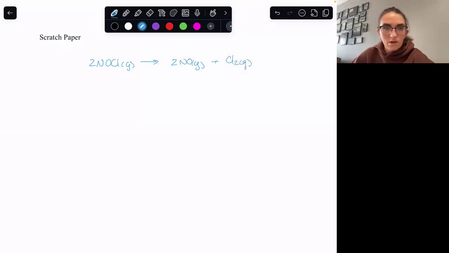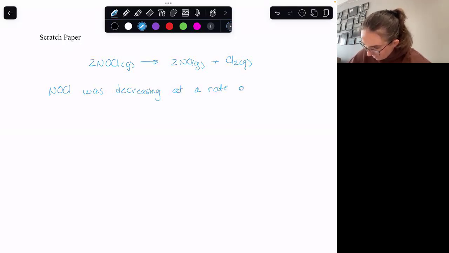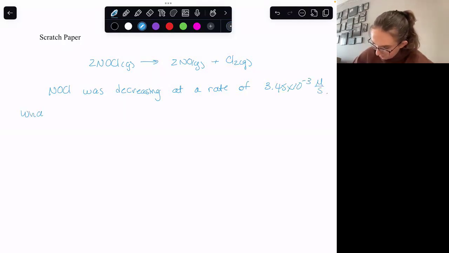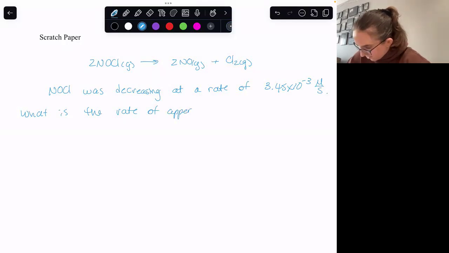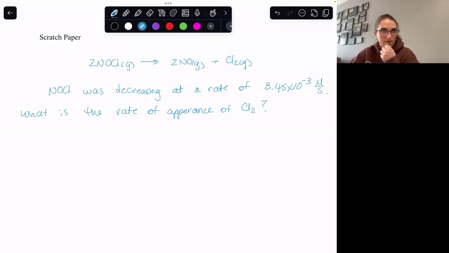So if we said that NOCl was decreasing at a rate of, I don't know, 3.45 times 10 to the negative 3 molarity per second, what is the rate of appearance of Cl2? Okay, how would you solve this question?